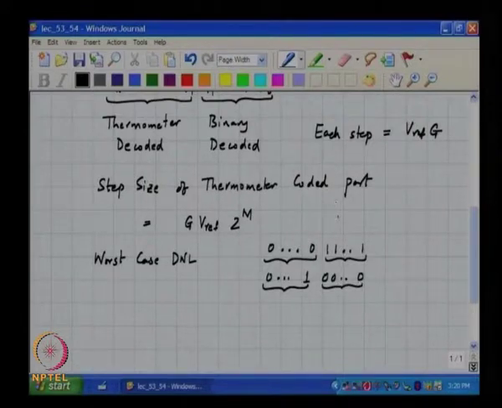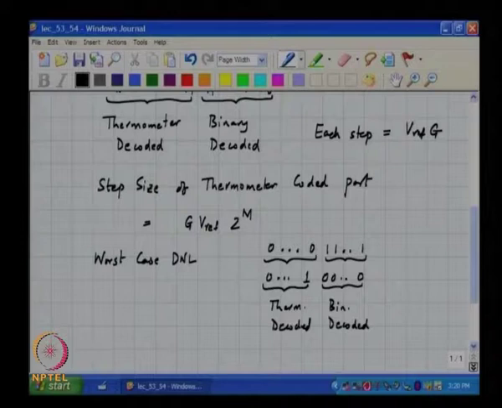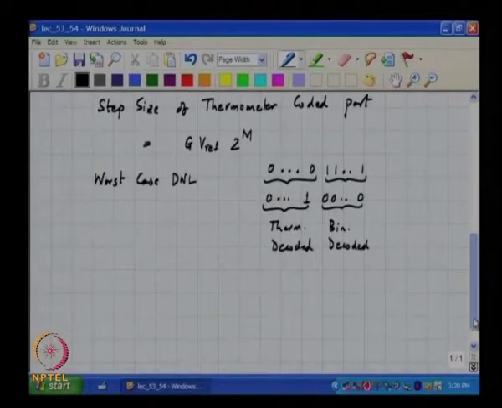So, this is the binary decoded part, and this is the thermometer decoded part. Okay. Let us now try and calculate what this worst case DNL is.